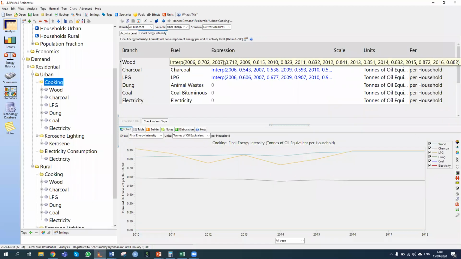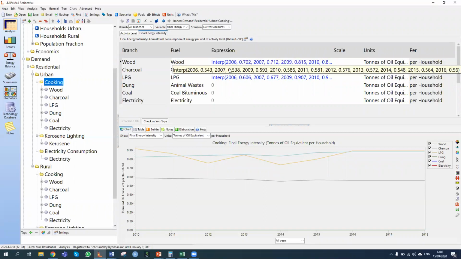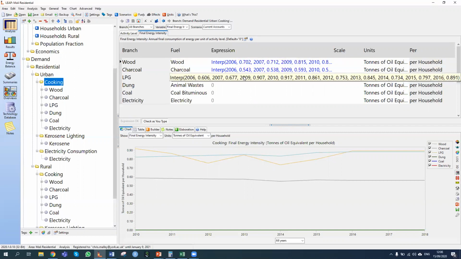In LEAP, we enter it in exactly the same way by copying and pasting those values into the final energy intensity branch or tab in LEAP.